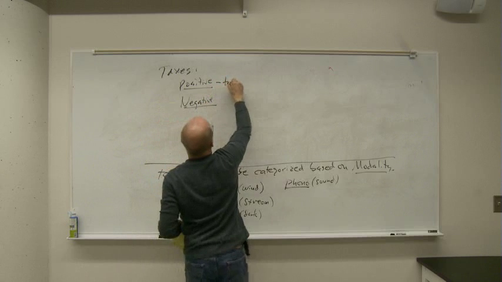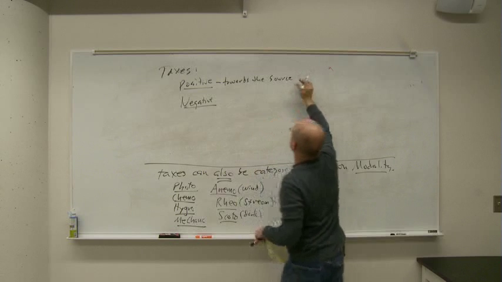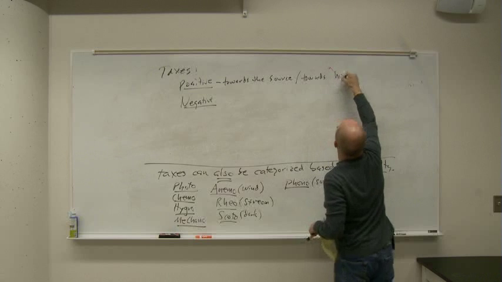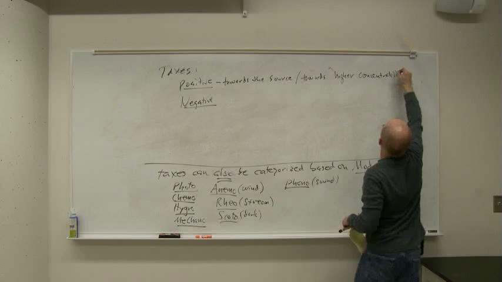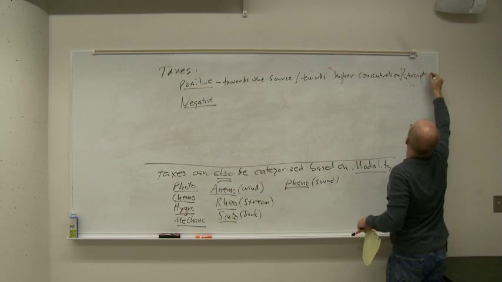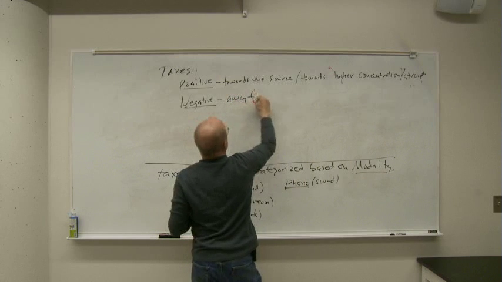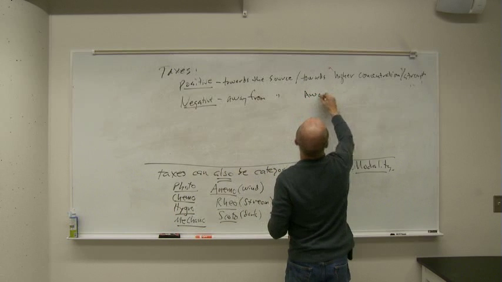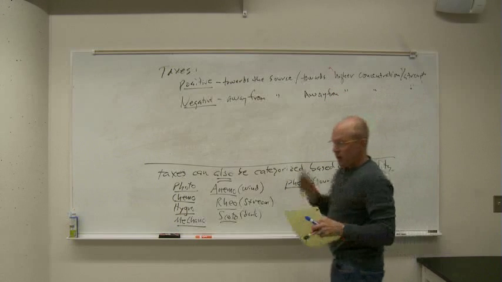So positive is towards the source or to higher concentrations, concentration, strength, etc. And then negative would be away from, so away from higher concentrations or strength.